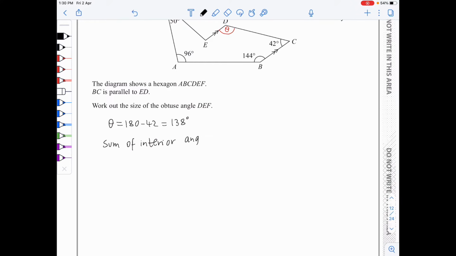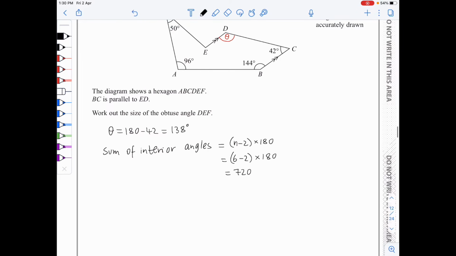We know that the sum of interior angles in a polygon is just n minus 2 times 180, where n is the number of sides. So in our case, 6 minus 2 times 180, which is 720. So to find the angle here, I'm just going to do 720 minus 50 plus 96 plus 144 plus 42 plus 138.